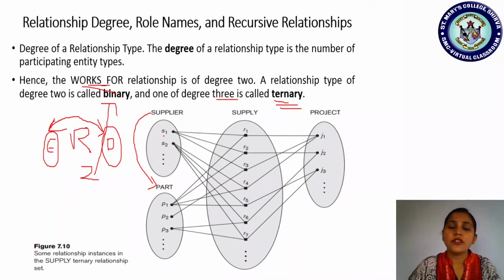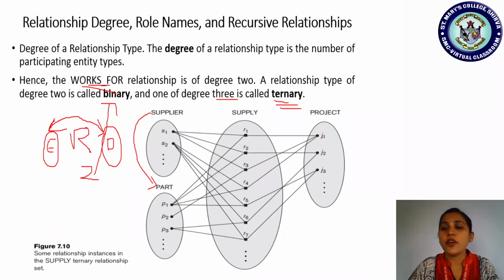Okay, now just check out here students, the S1, S2, like that, some suppliers. Let us take that there are n suppliers. So however many supplier entries there are, they all are the entity set of which entity? Supplier set, supplier entity.